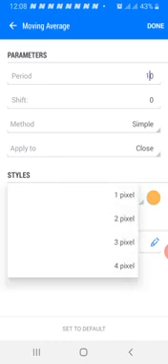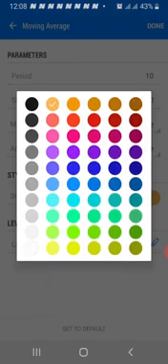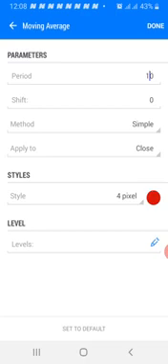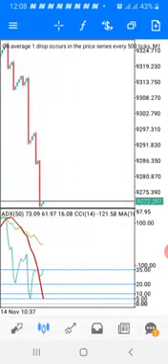Then the style is 4 pixel. The color, let's take red. So that's all. You click done.